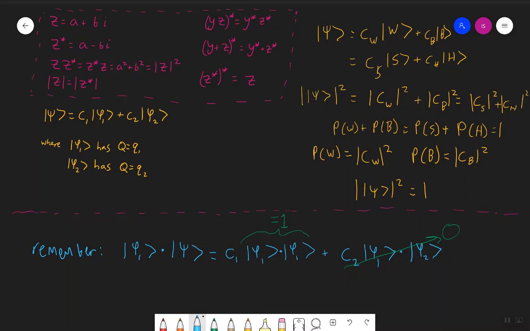When we're doing the dot product, instead of just taking the dot product, we actually have to take the complex conjugate of the first vector, which would just be taking the complex conjugate of all the components and taking the complex conjugate of the unit vectors. In this case, it's just the unit vector that we're taking the complex conjugate of. But I'll show you what taking the complex conjugate of a vector looks like here.